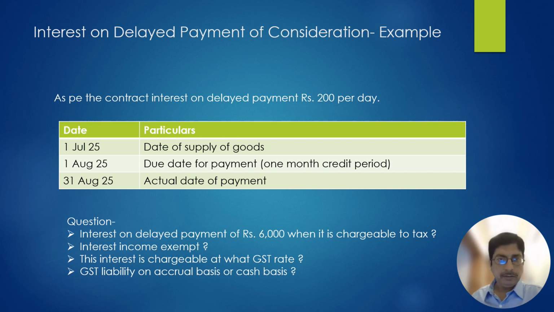The customer paid the interest of rupees 6,000 on 31st August. So this interest is to be disclosed in August month's return, on the basis of receipt only, not calculation on the accrual basis.